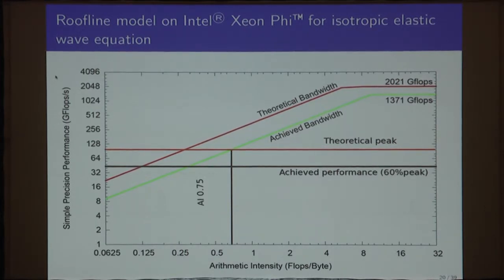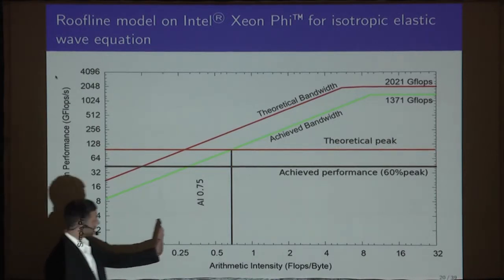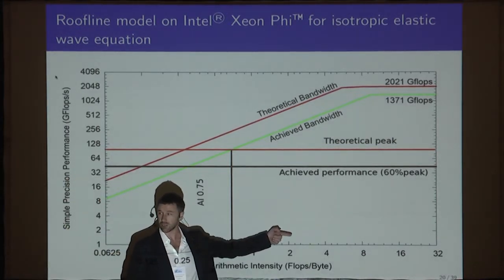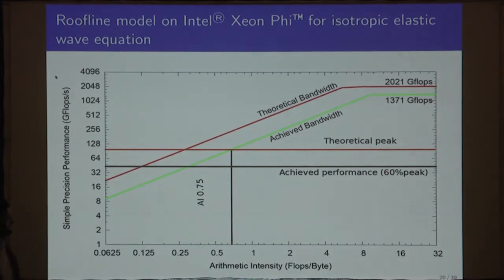And then just to revise on our lessons from yesterday, for finite difference, the only way that we can improve upon this is we have to get this line and shift it in that direction. This is for a fourth order scheme, and from other finite difference methods and what I could find in the literature, if we move up to an 8th order scheme, we should be hitting around 2.